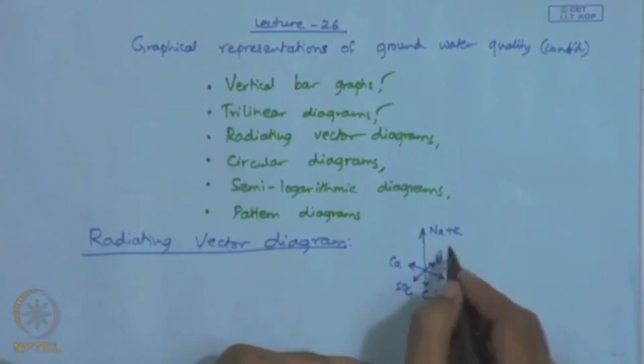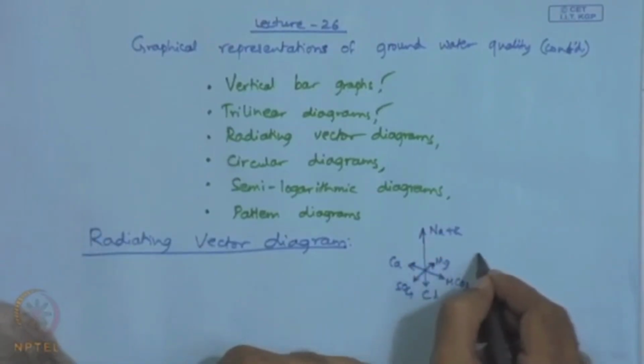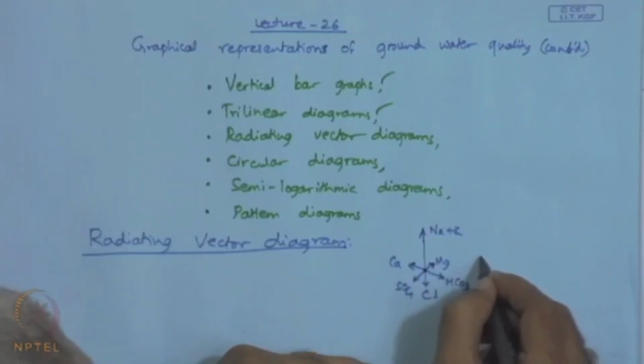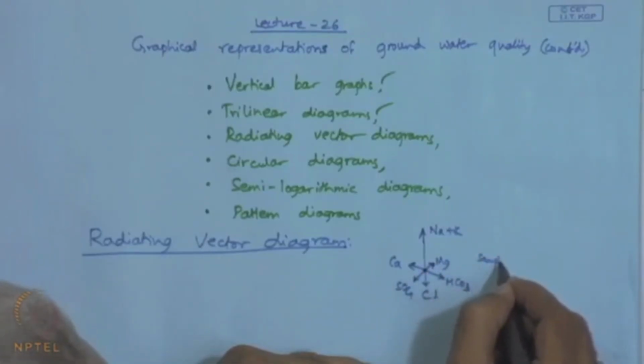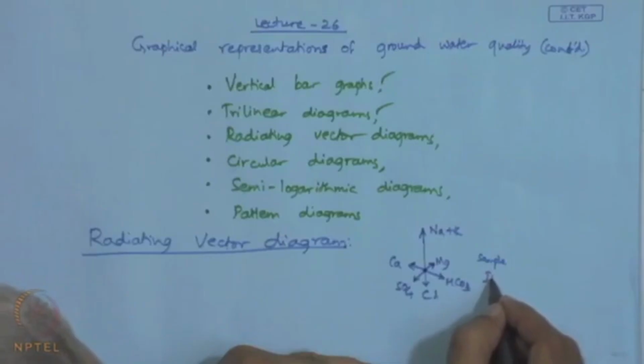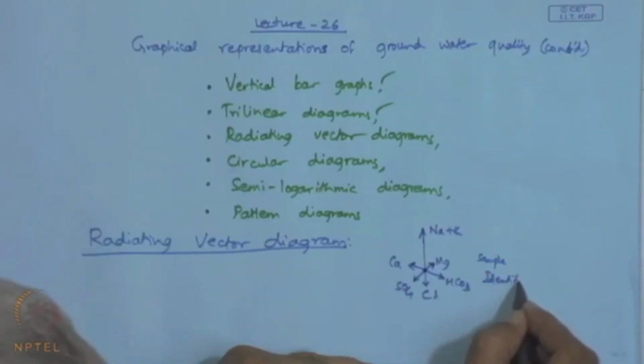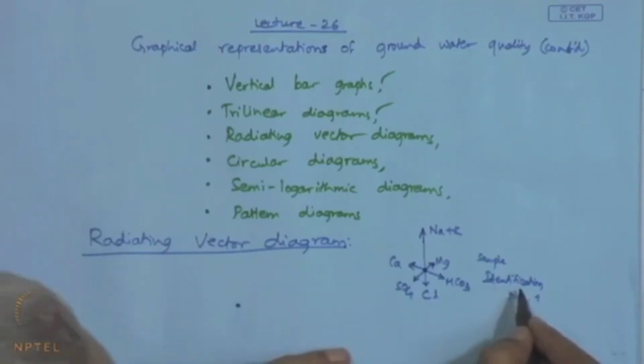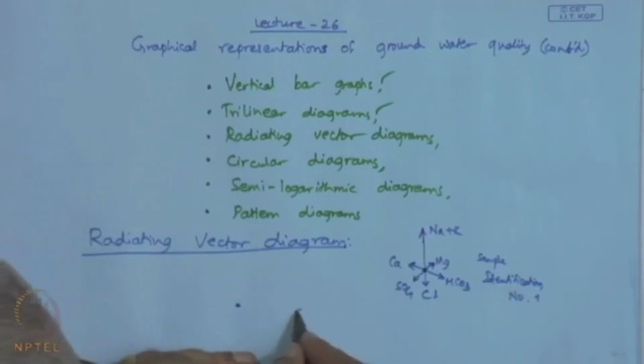So here, say this is the sample identification number, and then if there is another sample, so this is sample 1, and this is sample 2.